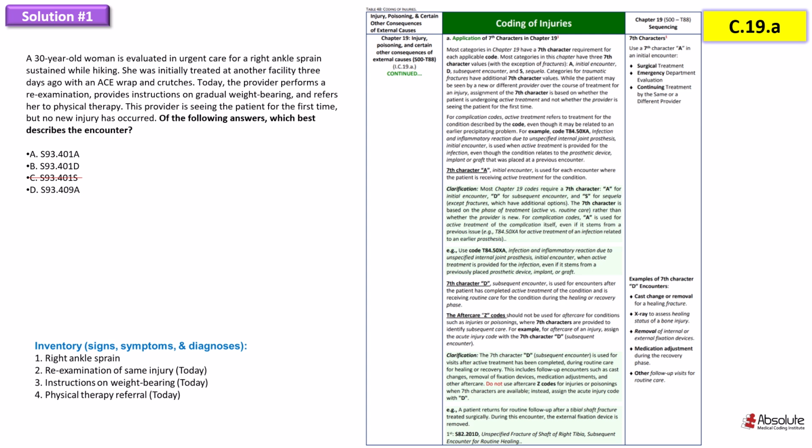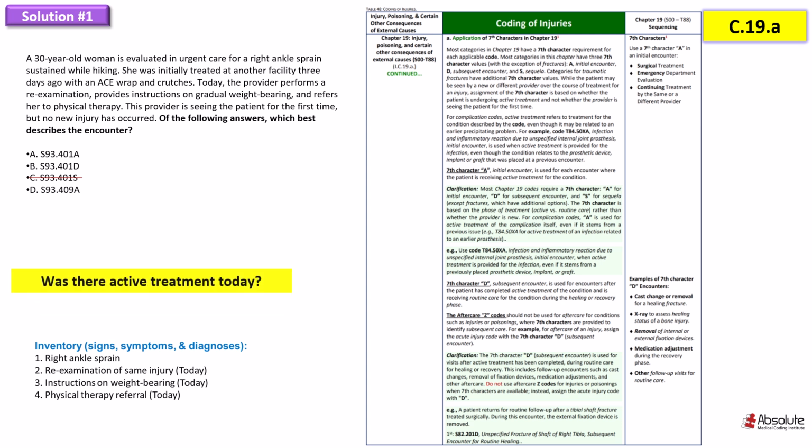So if you have a sprained ankle, the residual effect or the sequela won't be the sprained ankle. We've learned that, right? It'll be something else, maybe arthritis, etc. So we can get rid of C on the strength of that seventh character extender S.